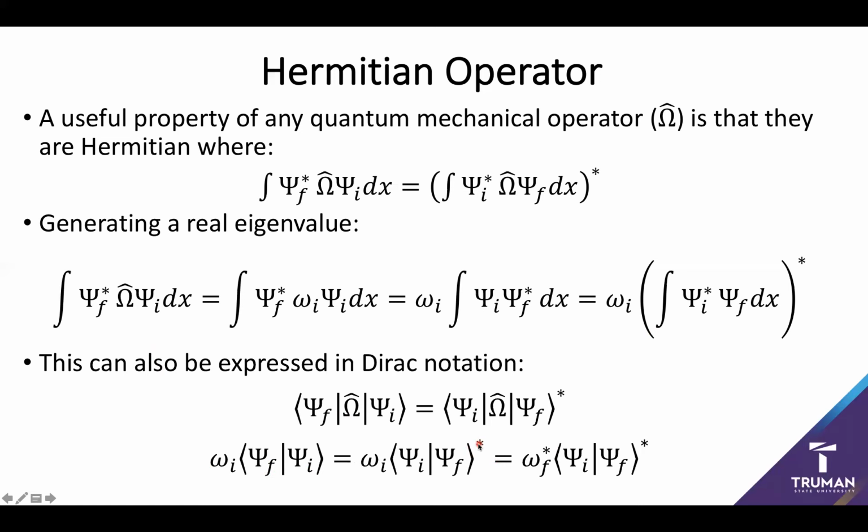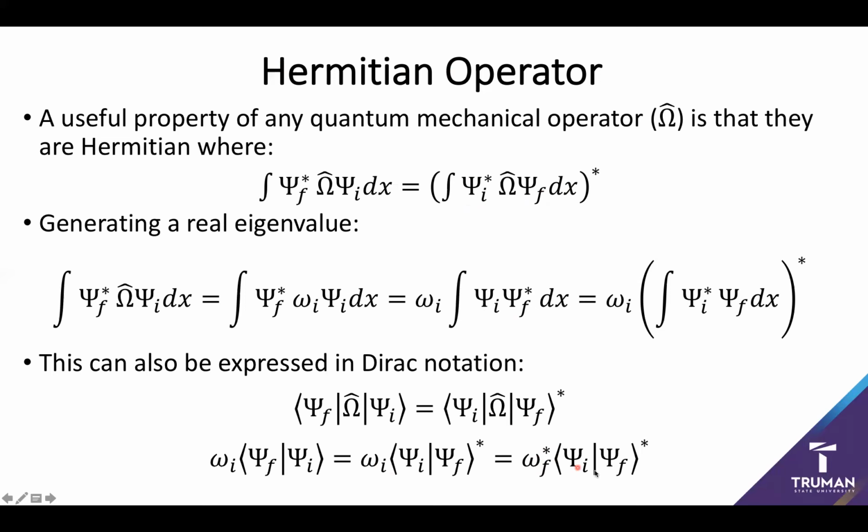Now, one of the very interesting factors is that if I was going to apply this operator here on the right, well, this would be the same thing as generating the eigenvalue of my wave function f to the complex conjugate. So what this ends up showing me is a side benefit: if I have a Hermitian operator, which all quantum mechanical operators are, these two equations should be equivalent.